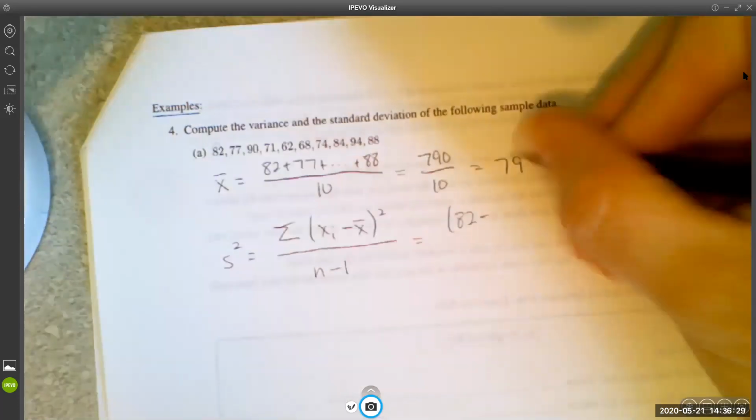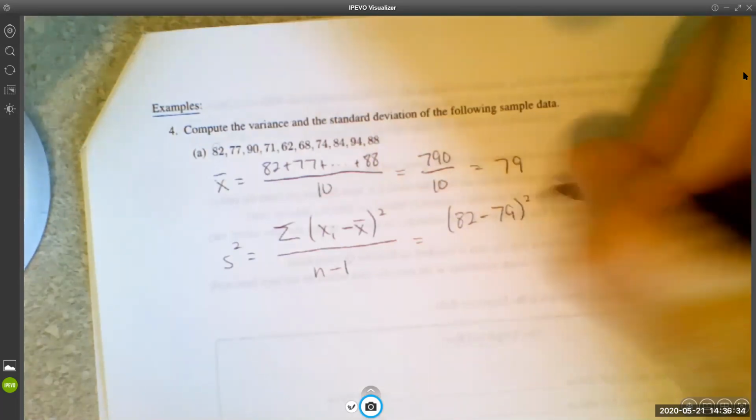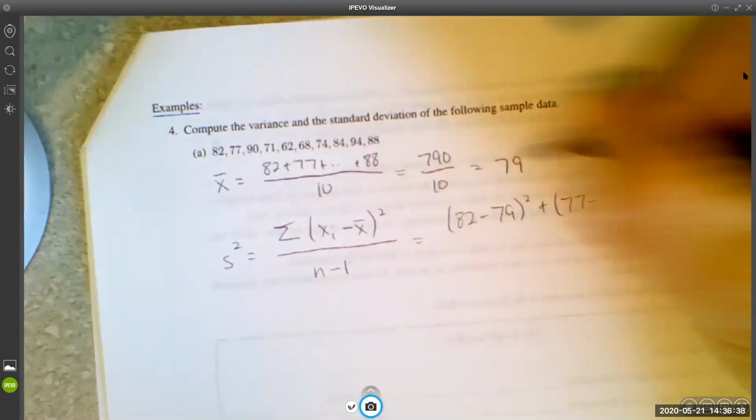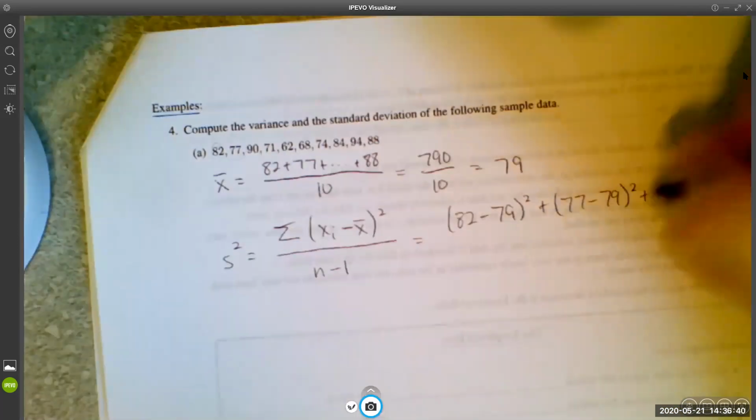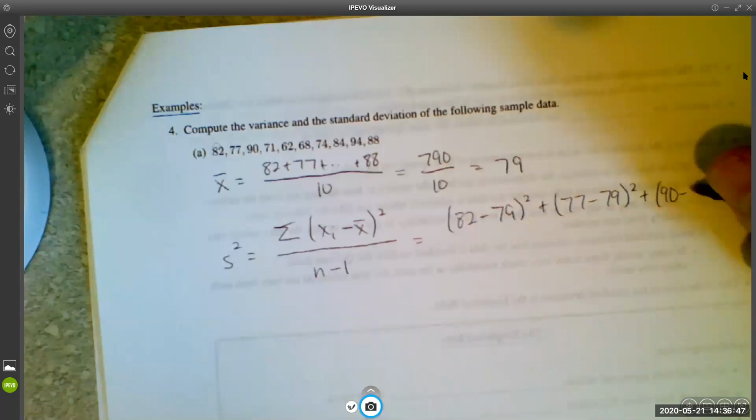So it's going to be 82 minus the mean of 79 squared, plus 77 minus the mean 79 squared, plus 90 minus 79 squared, and so forth.